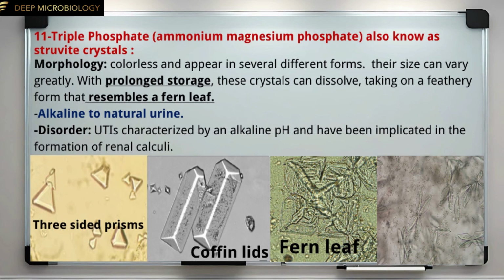With prolonged storage, these crystals can dissolve, taking on a feathery form that resembles a fern leaf. Present in alkaline to neutral urine, triple phosphate crystals have little clinical significance, but have been associated with urinary tract infections characterized by an alkaline pH, and have been implicated in the formation of renal calculi.